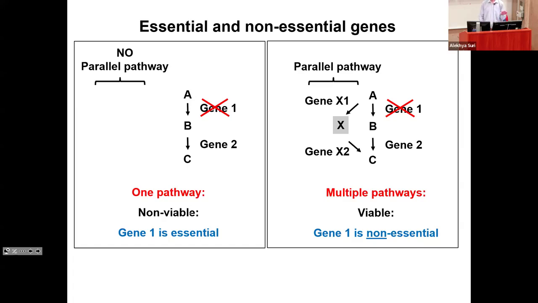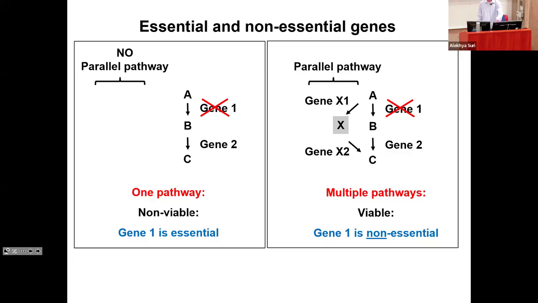When you delete gene 1 and you see cells are not viable, not living, then you know there's just one pathway, this ABC. So this means gene 1 is essential. If you knock out this gene, you will see cells are not viable, not living.